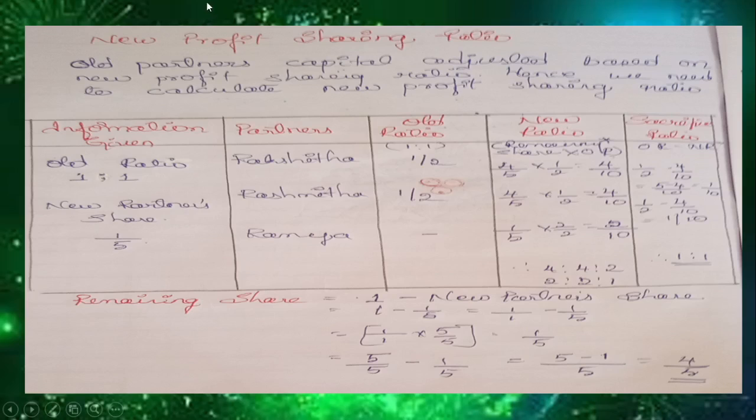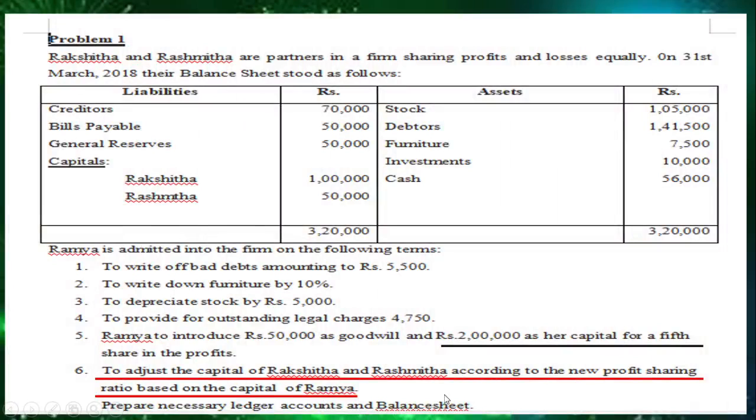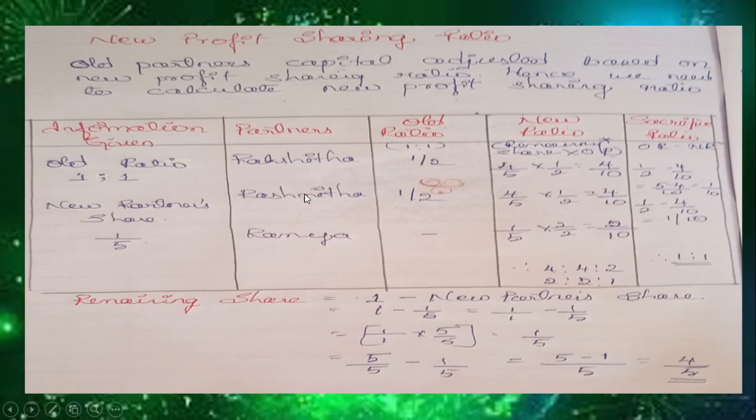But we need to prepare the new profit sharing ratio because in the adjustment they have given: adjust the capital of all partners according to the new profit sharing ratio. So for that reason, we need to calculate the new profit sharing ratio. They have given old ratio 1:1, new partner share is 1/5.